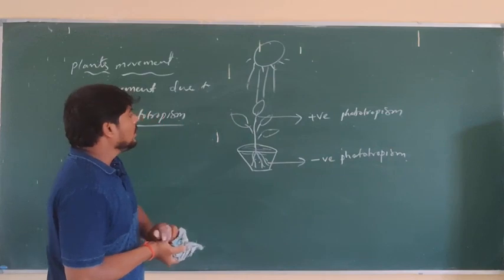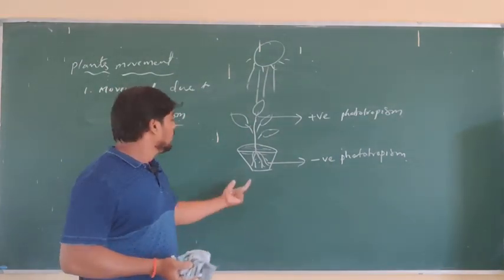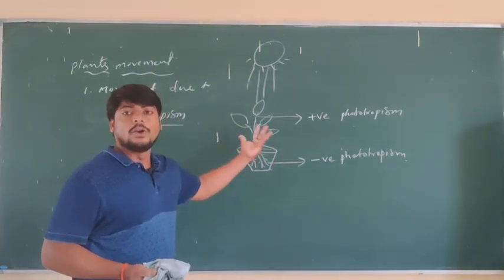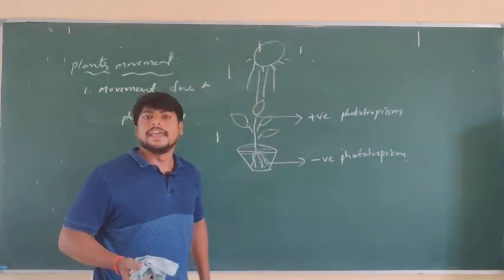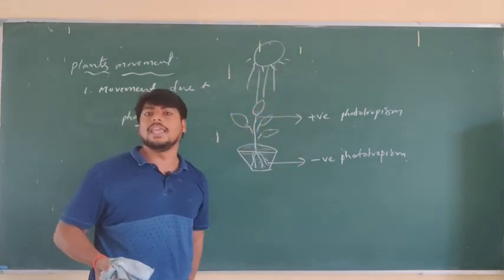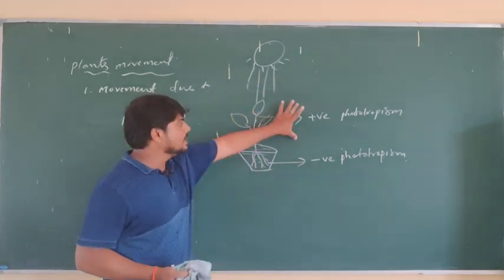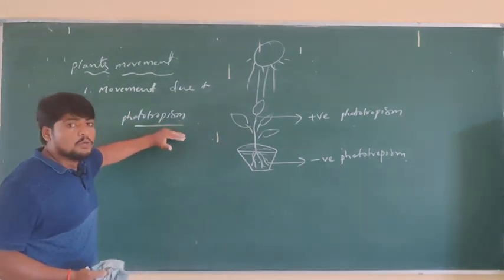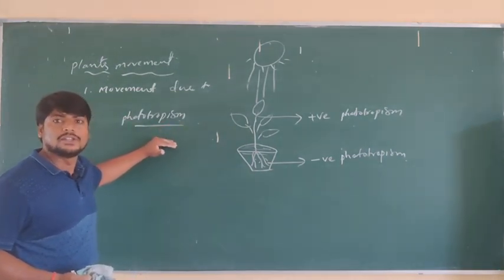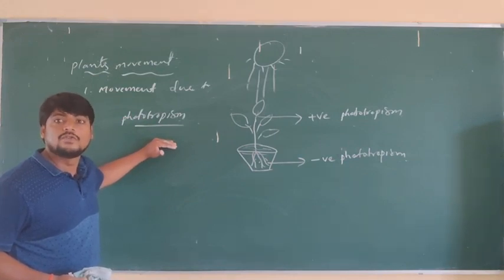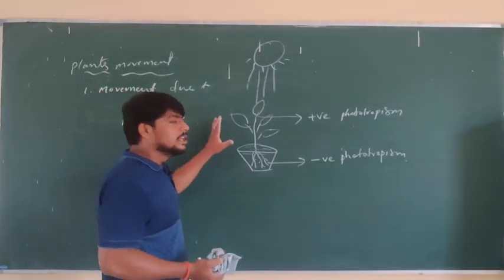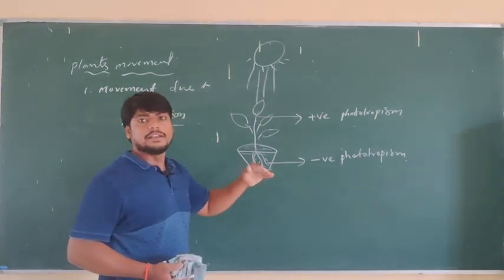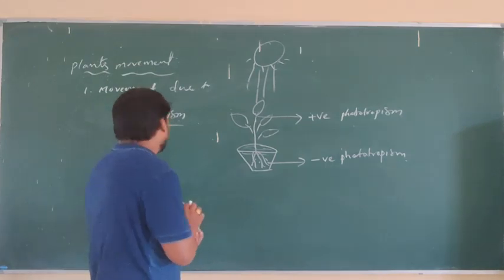The shoot is always positively phototropic, and the root is always negatively phototropic. It means the roots are always growing away from the light stimulus, whereas the shoot is always growing towards it. So this is called phototropism: the movement of the plant towards the light.